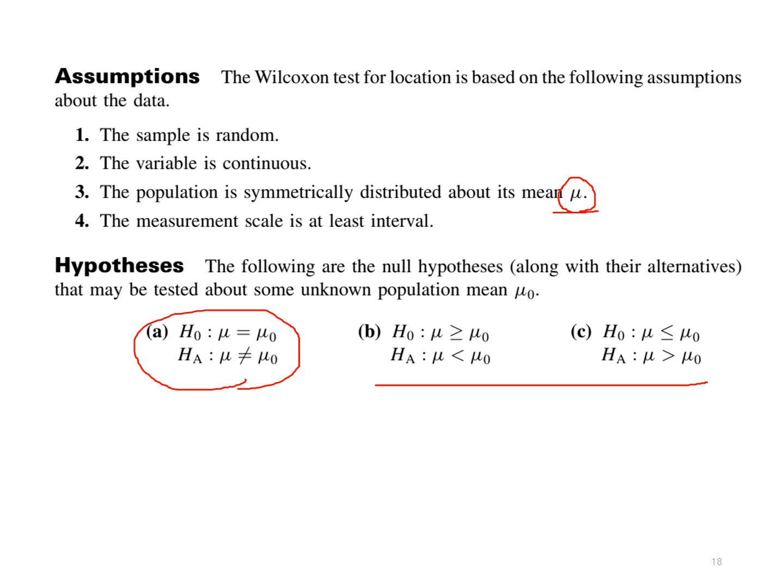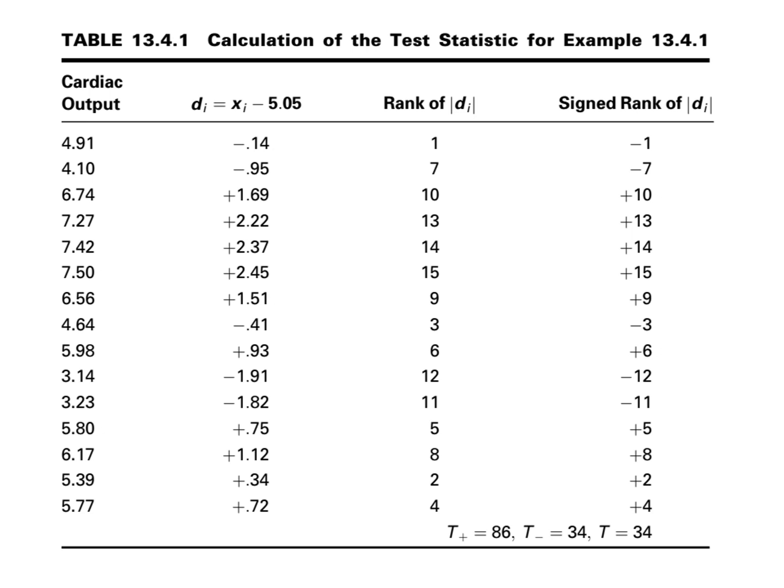If we prefer mu to be lower than the null hypothesis value, or higher than the null hypothesis value, it depends on the situation. You can pick any kind of hypothesis.